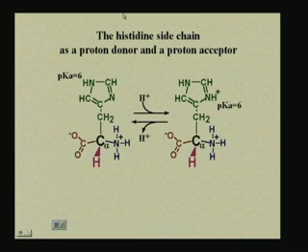Now, the side chain that you have here is the side chain for the histidine. If you notice, what histidine can do is it can accept a proton, and as it accepts the proton, the side chain gets protonated.